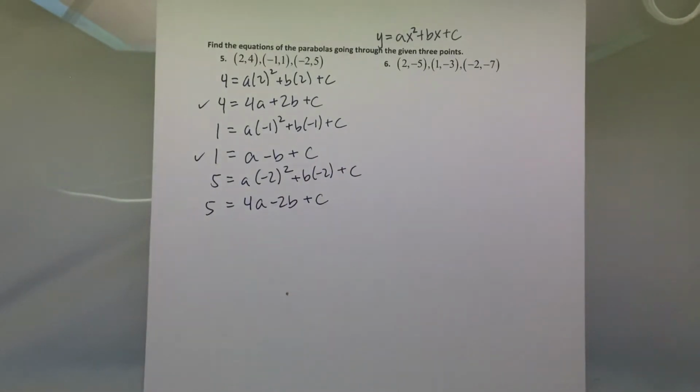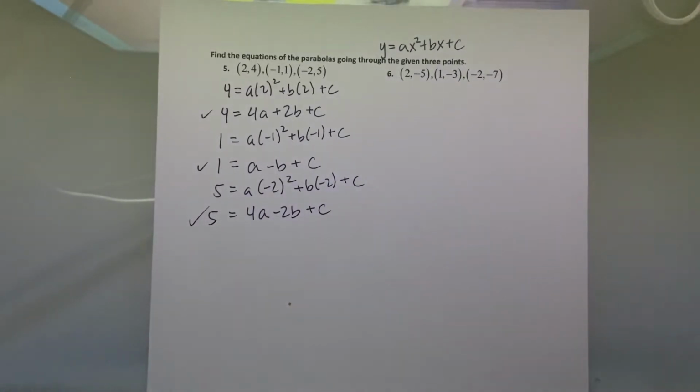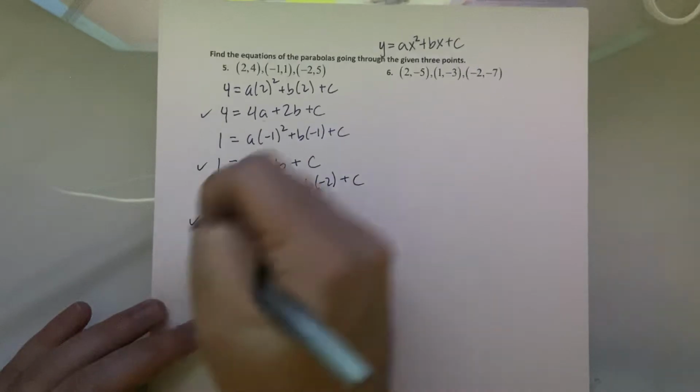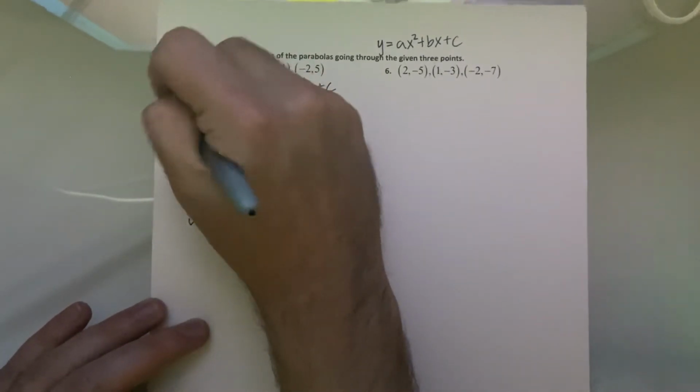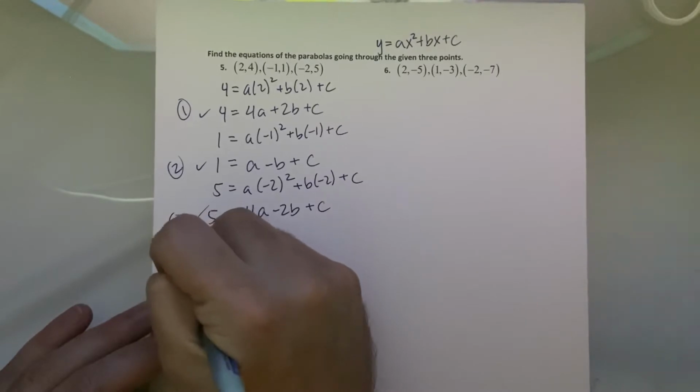Now, the good news here is that your c is always going to be a single term because it's a constant, which means it's really easy to combine to solve these problems. I'm going to call these equations 1, 2, and 3. So I'm going to take -1 times equation 2.